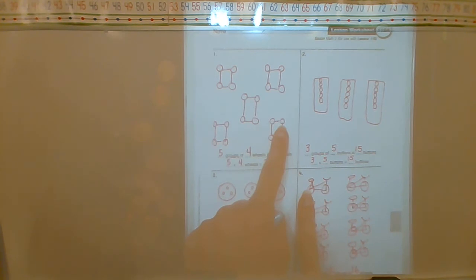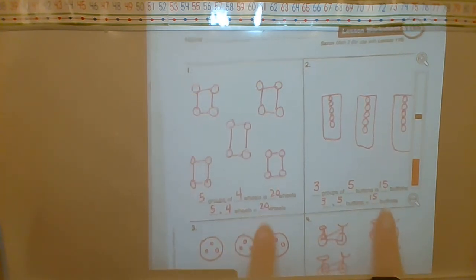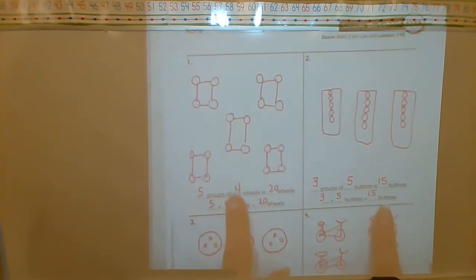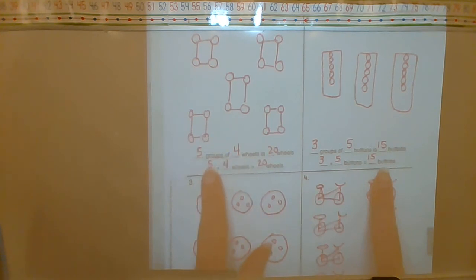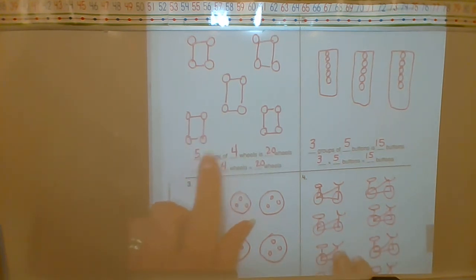When they are in equal groups, we can use multiplication. We had 5 groups of 4 wheels, so we said 5 times 4, and it got us to 20. Remember also that our commutative properties of multiplication mean that we can count by 5s 4 times, or we can count by 4s 5 times.